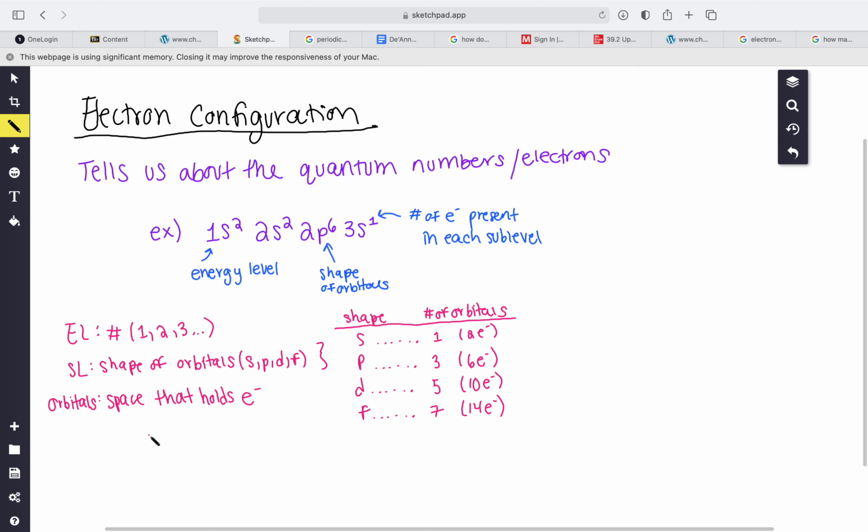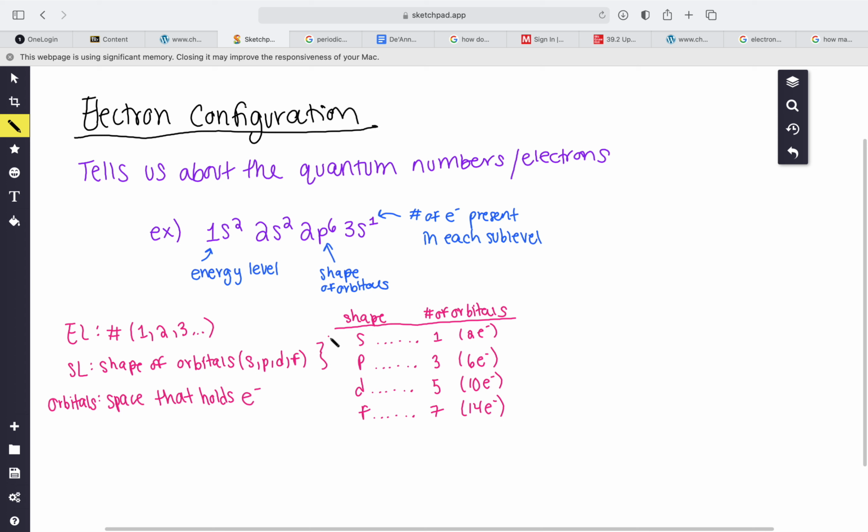And then, oh wait, I skipped, sublevel is the shape of the orbital. So you have S, P, D, and F. That is your sublevel. And orbitals is the amount of space that holds an electron. So with each shape, there's a different number of orbitals and electrons allowed.